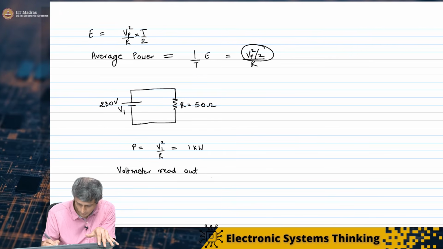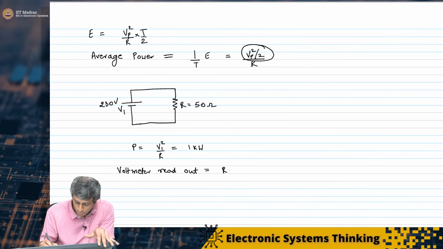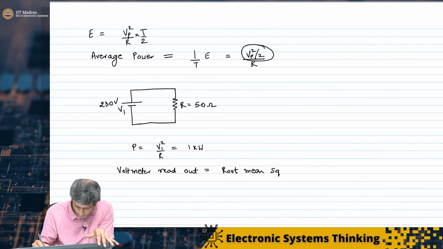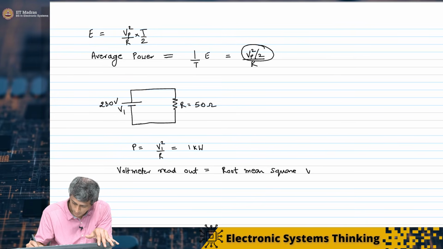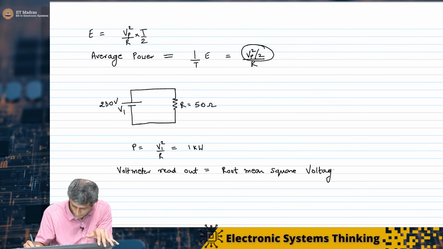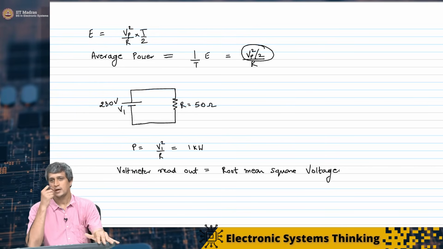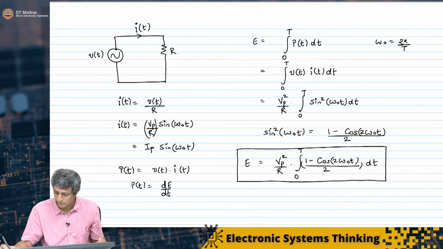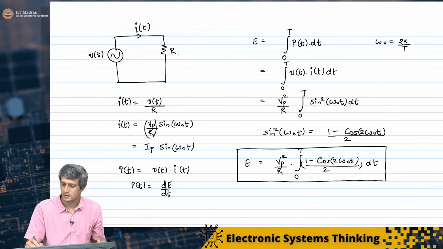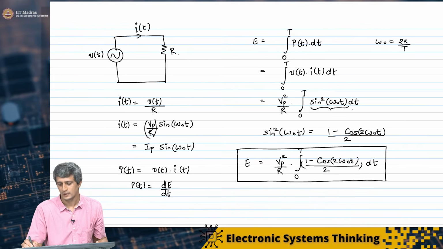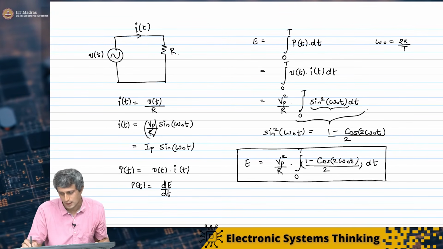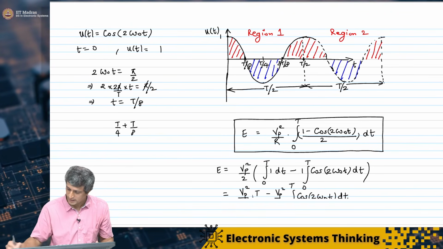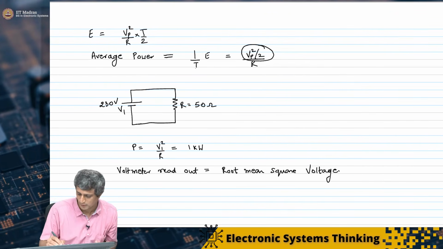The voltmeter read out what is known as the root mean square voltage. So why is it called root mean square voltage? You just go back to this derivation. We basically took the square of the voltage, then we took the area, and then we divided it by the time period in order to get the average power.